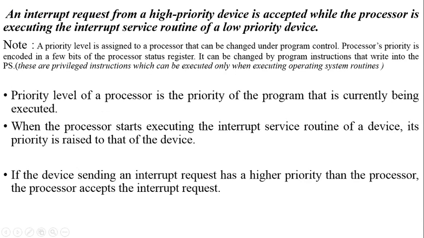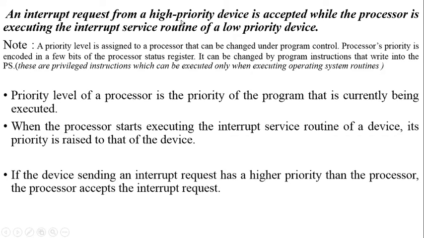What are they? An interrupt request from a high priority device is accepted while the processor is executing the interrupt service routine of a low priority device. That is, certain devices have high priority. The interrupt request from a device with high priority must be given high or fast service.